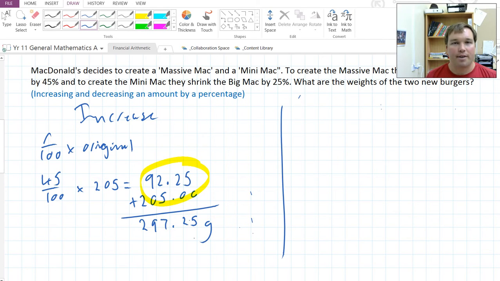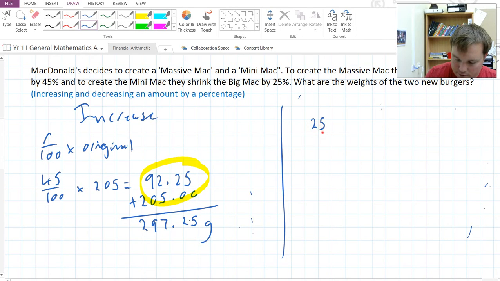Alright. Now, similar process for shrinking by a percentage. Shrinking by a percentage, we find the percentage, then we take it away from the original. So here, we find the 25%, 25 over 100, multiply that by 205, and we get 51.25 grams. That is 25% of the original Big Mac.